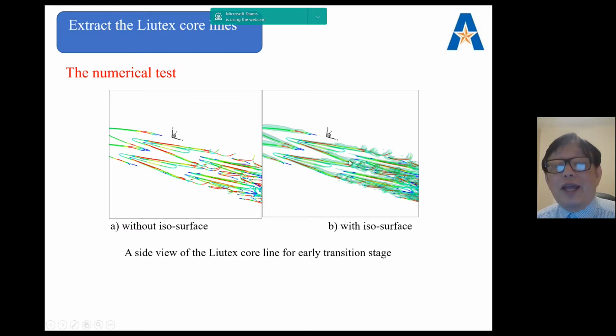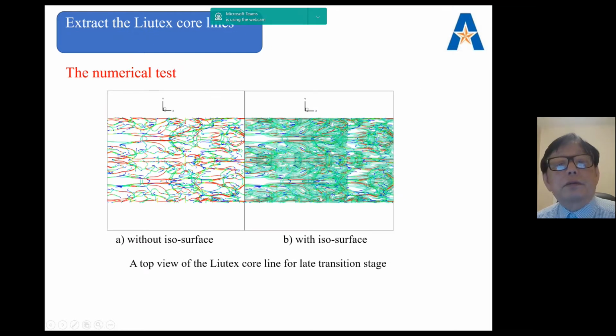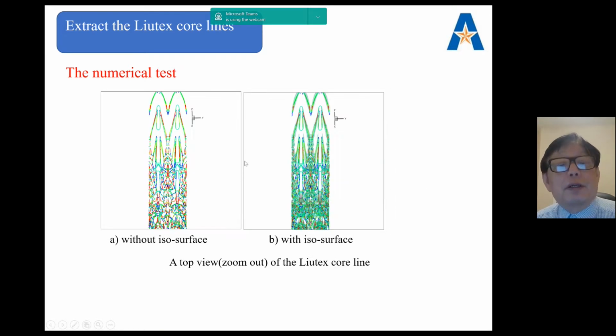This is the Nutex core line and isosurface. Even later, we have a lot of vortices. We can find the vortex lines. Also, the vortex lines will be inside of the isosurface. Again, this is just the core line and the isosurface from a different angle, from the top.